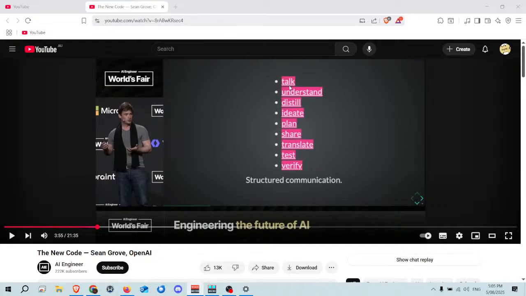This structure here that they're talking about, the talk, understand, these are the skills that make you more successful, not just the prompt engineering side of things. So yeah, let's see how that develops with OpenAI.